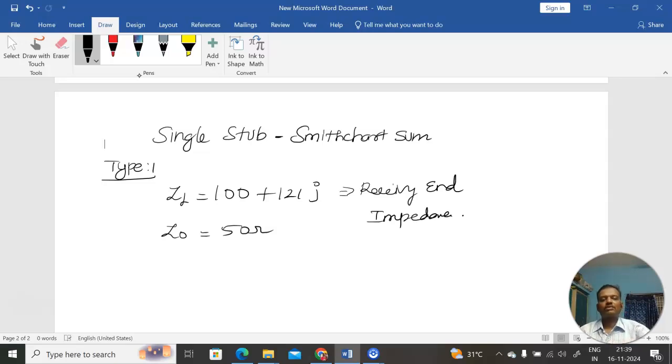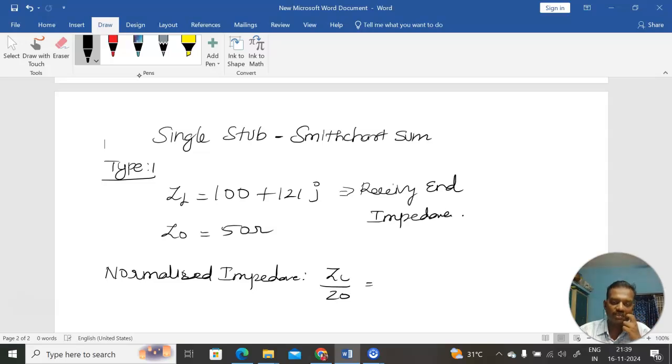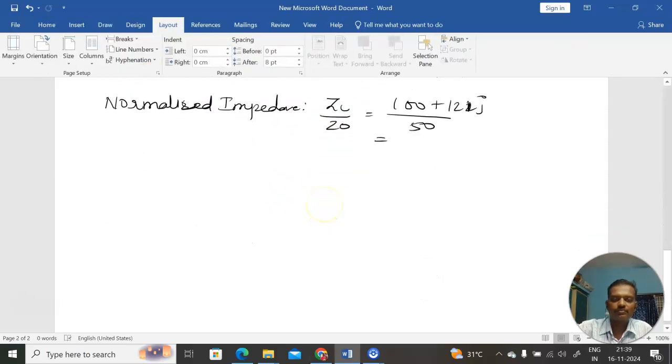So now, as we all know, the first step, we have to find the normalized impedance. So we know that ZL by Z0. So by finding 100 plus 121J divided by 50, this gives you the value of 2 plus 2.42J.